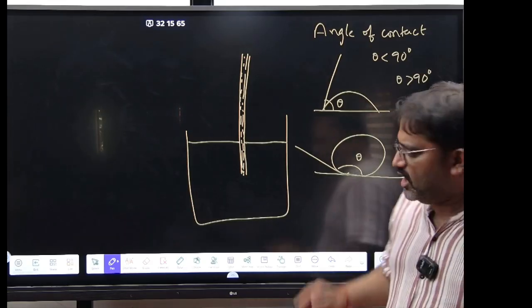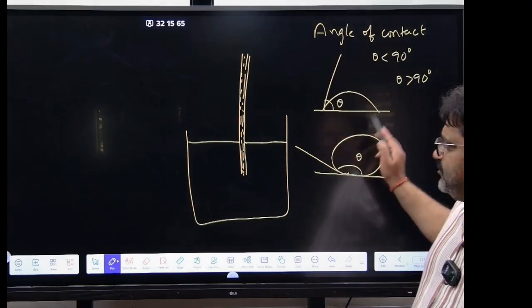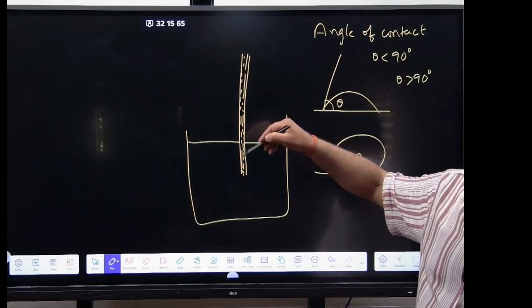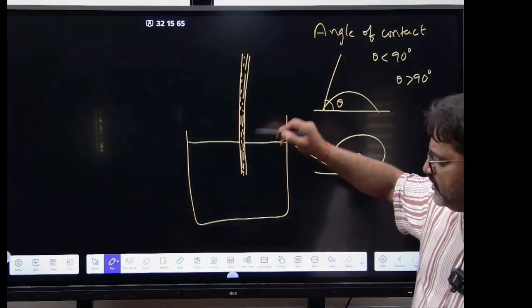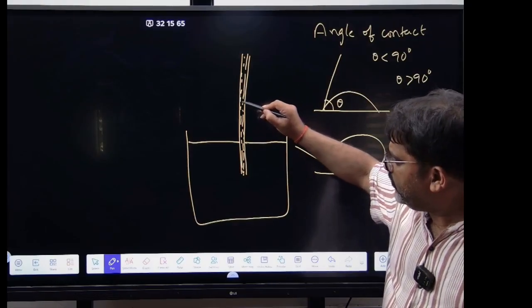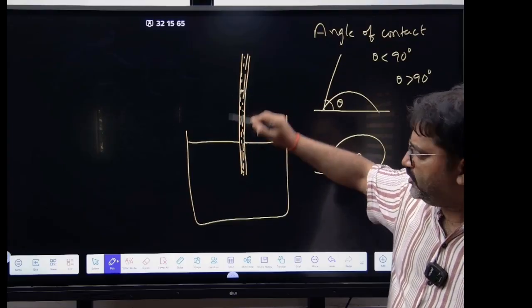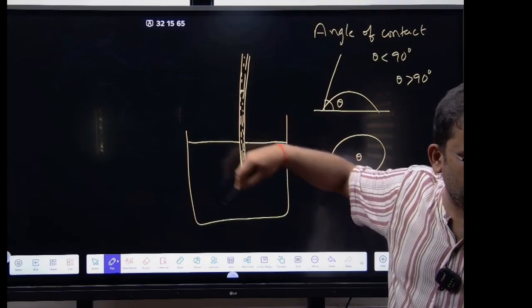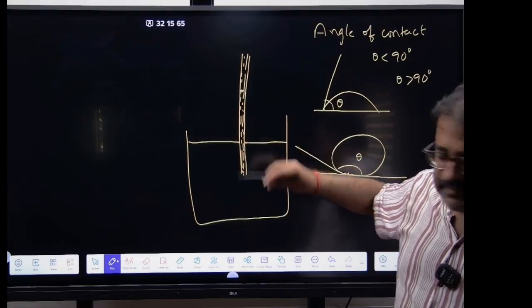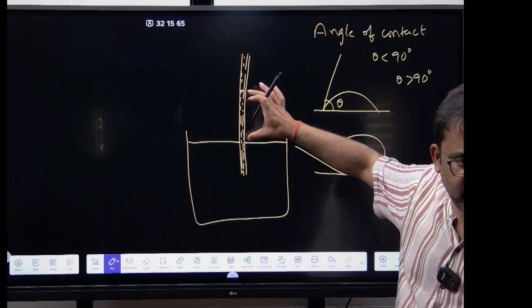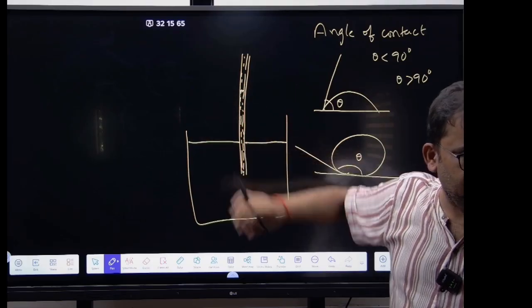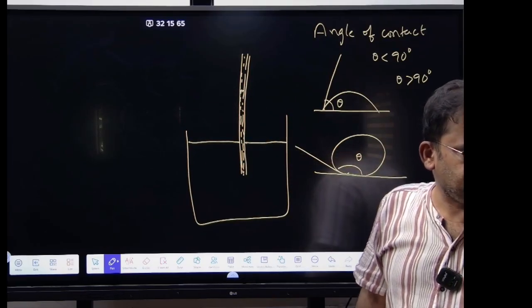Now if I take this type of liquid, then remember inside the capillary the liquid will be rising above the level of the liquid in the container. That means the height of the liquid is greater than the height of the liquid in the container.